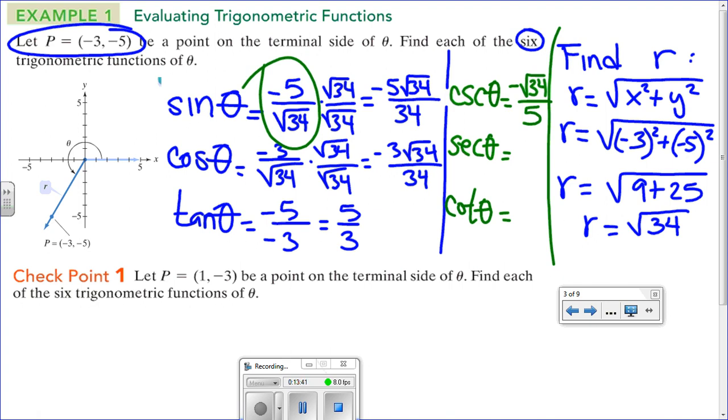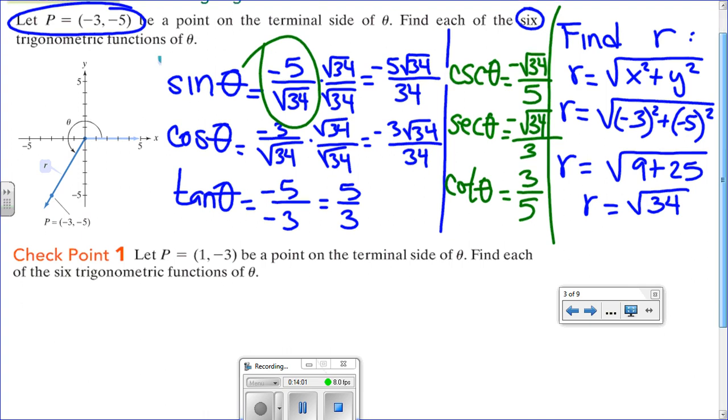Negative square root of 34 over 3. Very good. Who's going to give me cotangent? Chris? Oh, that's too easy for you, Andrew. You're trying hard. 3 over 5? Yeah, it's that easy. Don't be surprised. Trig is beautiful.